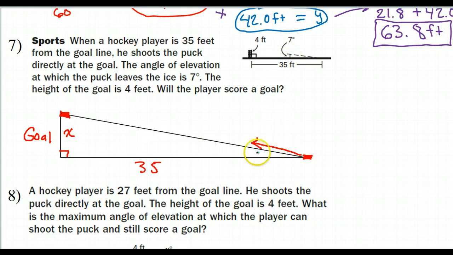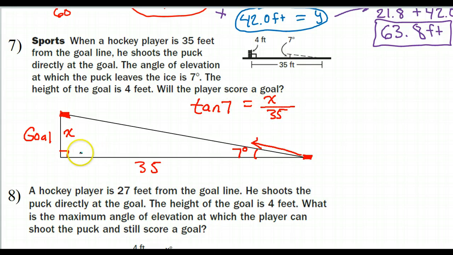They told us that the angle of elevation is 7 degrees. So we know that this angle right here is 7 degrees. Which function are we going to use? Well, the x is opposite, and the 35 is the adjacent leg, because this diagonal is the hypotenuse. So opposite and adjacent, that is the tangent function. So I'm going to do tangent of 7 degrees is equal to opposite over adjacent.